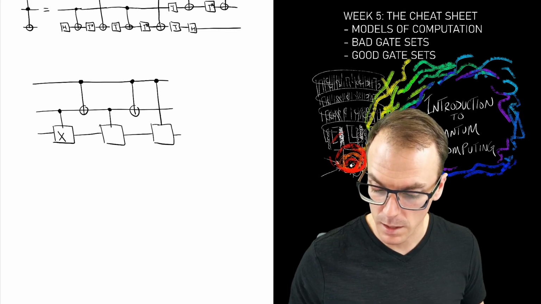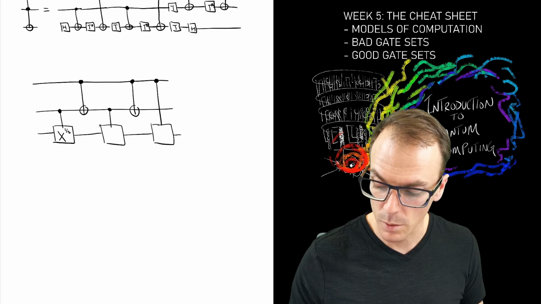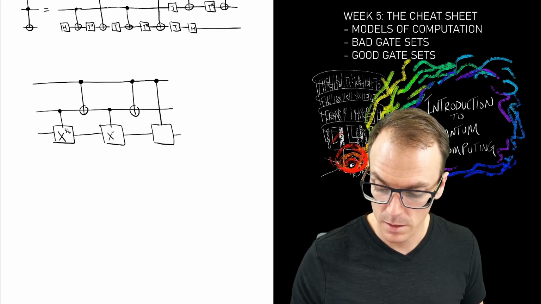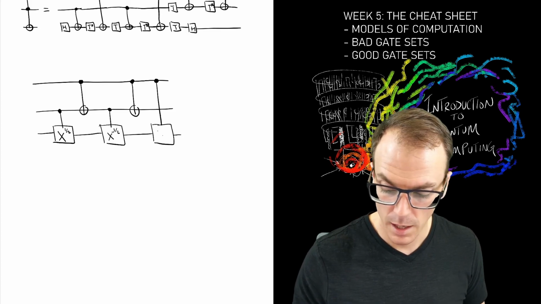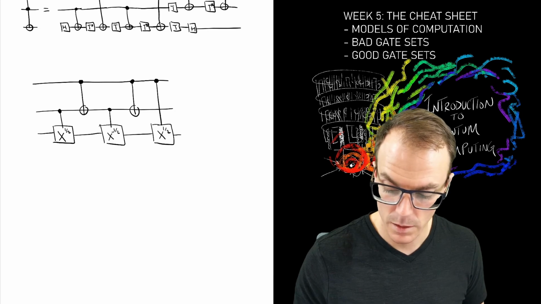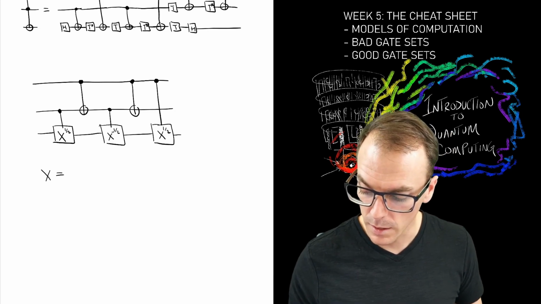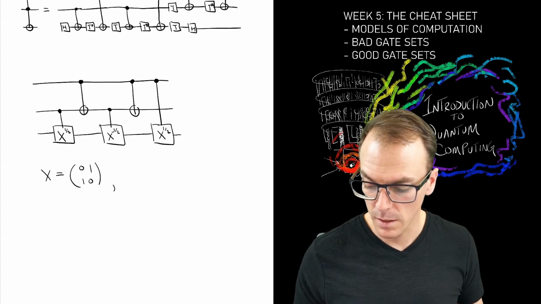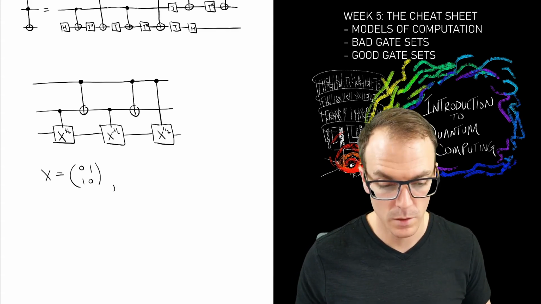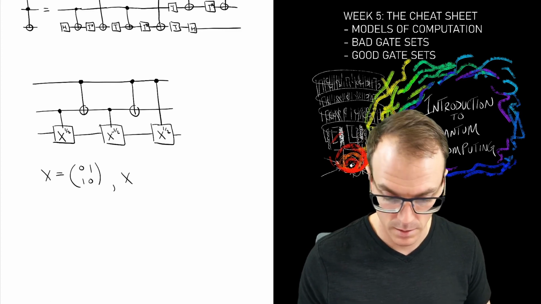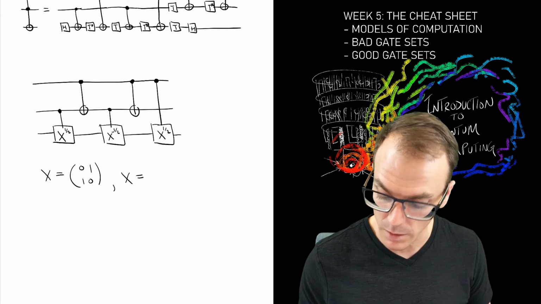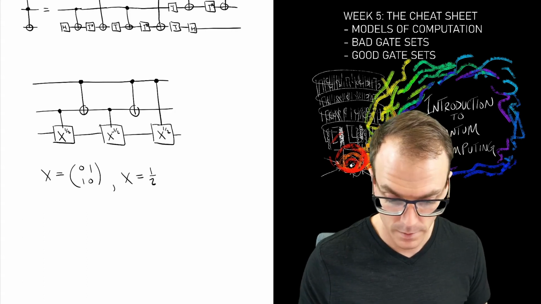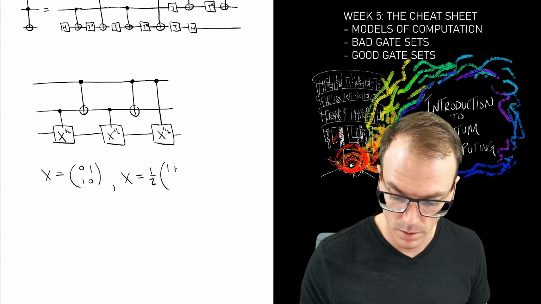And the gate we're going to stick in there is the square root of X. And although X is quite simple, as you recall, the X gate is 0, 1, 1, 0, the square root of X gate is something that looks significantly more complicated, although it's obviously still a 2x2 matrix.